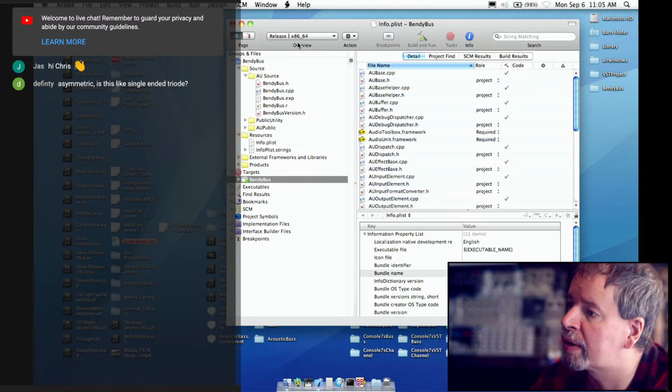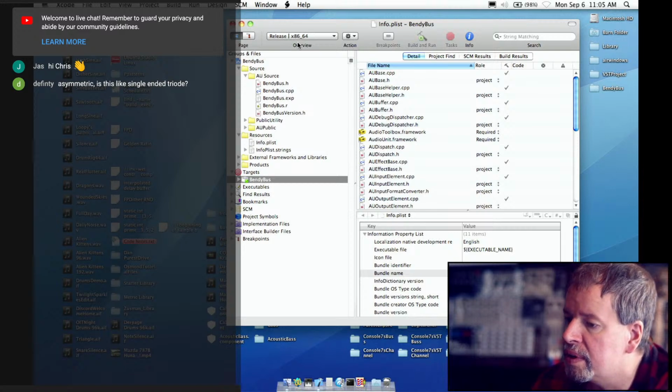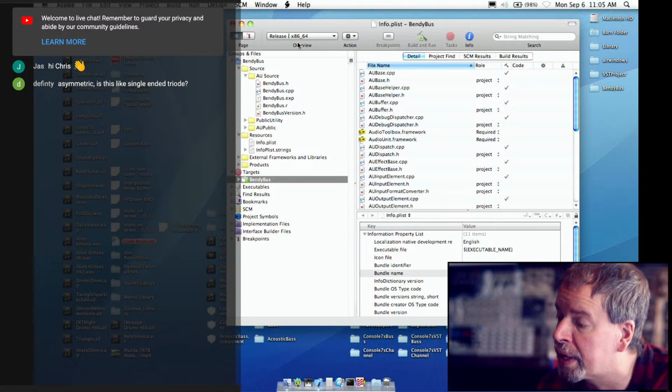hang on a sec, moving around windows a little bit more. If I put this here and scooch that there, then I can see the monitoring of OBS without the little face talking away.